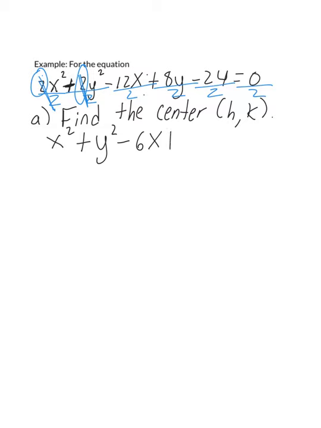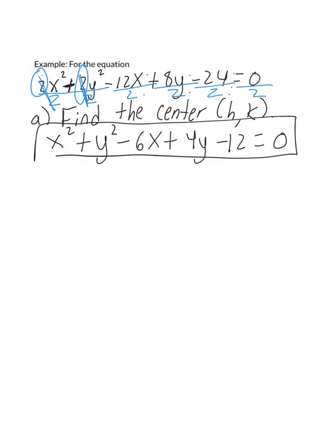Then I have, bring down the plus symbol, 8y divided by 2 is 4y. Negative 24 divided by 2 is negative 12 equals 0 divided by 2 is 0 again. There we go. So this right here is actually the general form we need to now convert to standard form. I had one little extra step at the beginning.